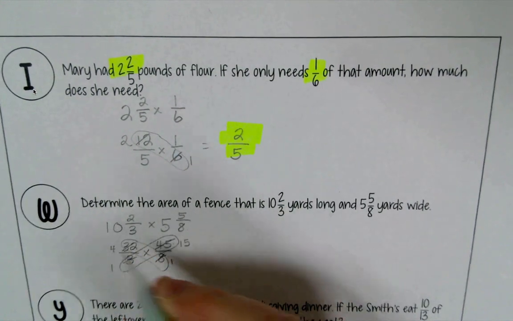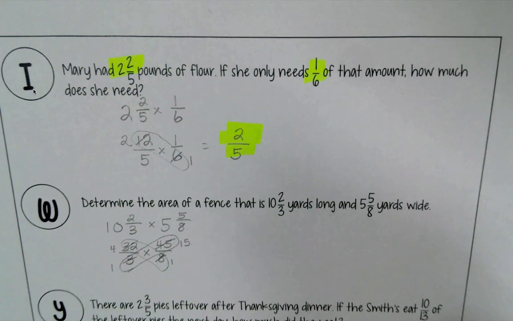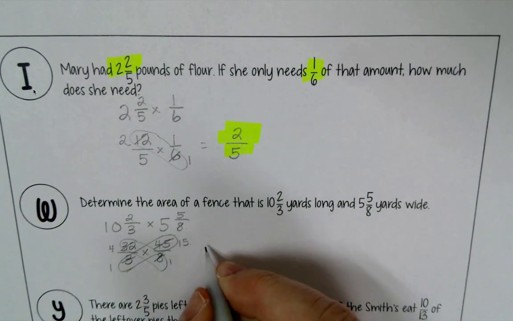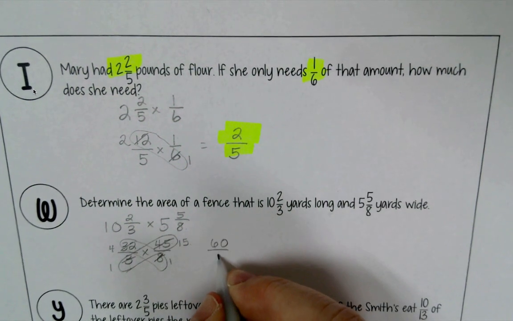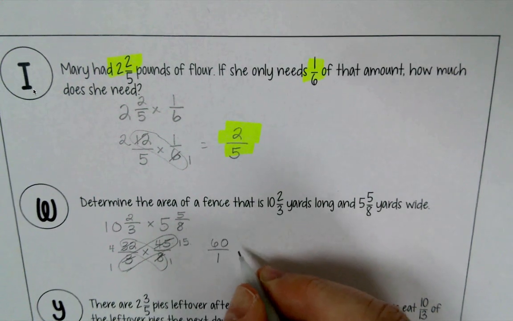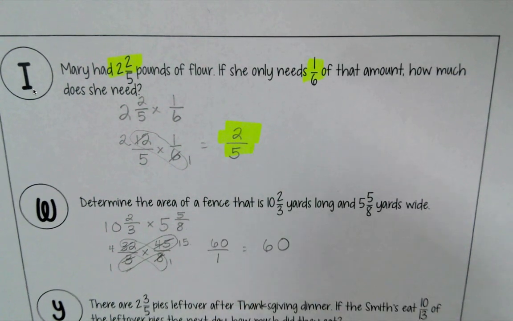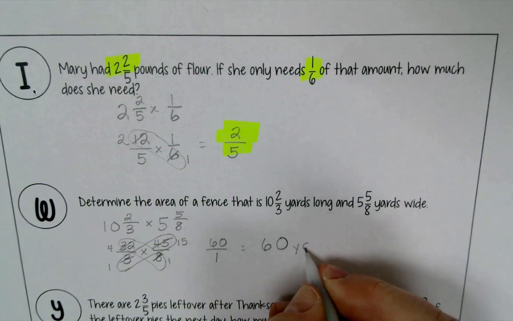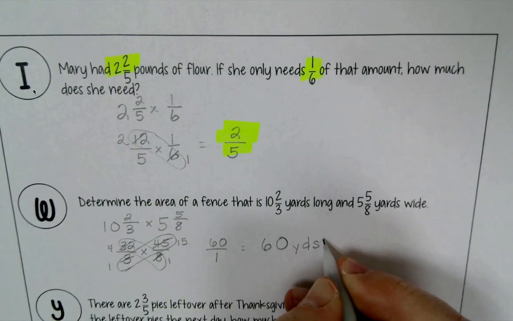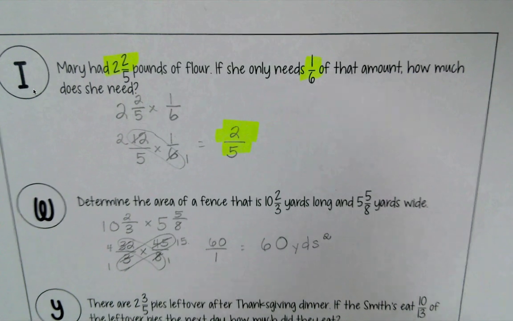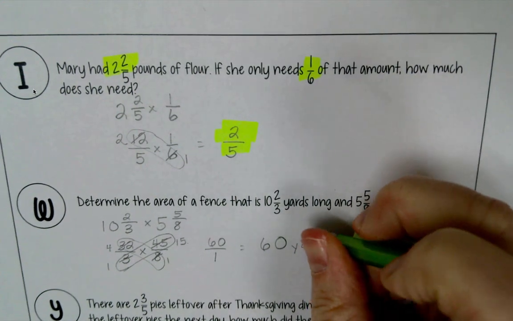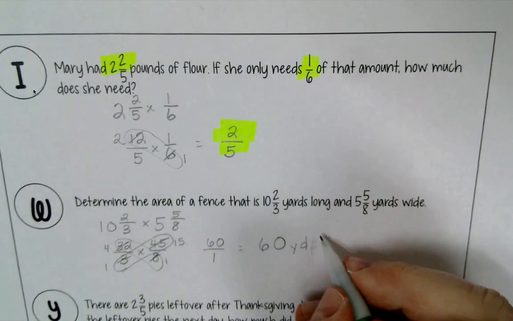So now I have 4 times 15 is 60. 1 times 1 is 1. And when we simplify, it's going to be 60 square yards. I don't want to say yards like that. 60 square yards.